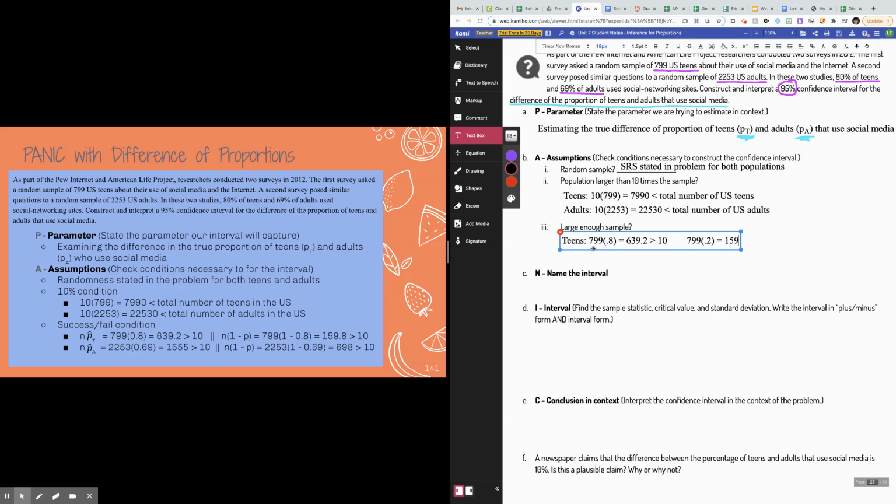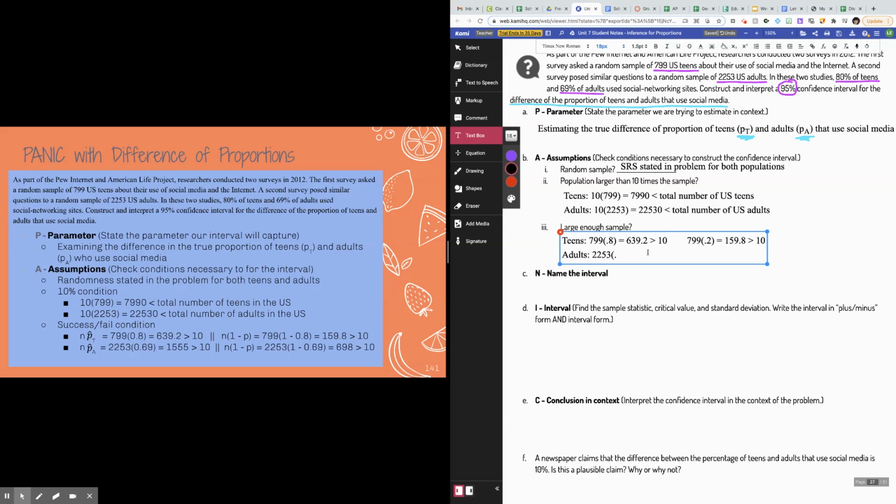And obviously, because these sample sizes are so large, like both the teens and the adults, their sample size is so large that obviously this condition is going to pass, right? But you still have to work it out and show that it's going to pass, all right? So for my adults, my number of successes is my sample size, 2,253, times my sample proportion, which is this guy right here, okay?